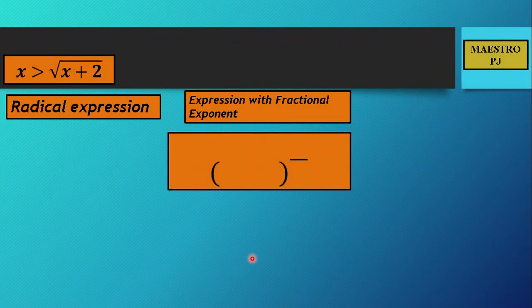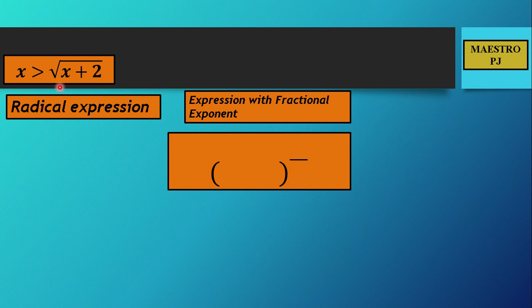Ngayon po, i-explain ko lang po kung bakit hindi pwedeng maging rational expression itong kapag meron tayong radical expression. For example, x is greater than square root of x plus 2.